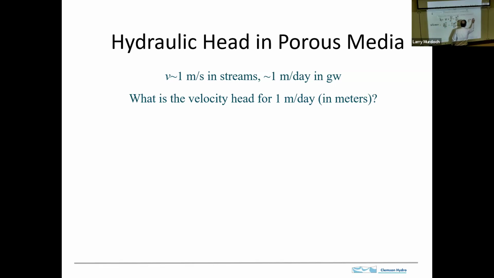So g is what, 9.81 meters per second squared. I don't want to get out a calculator, so I'm just going to say it's close enough to 10 meters per second squared.